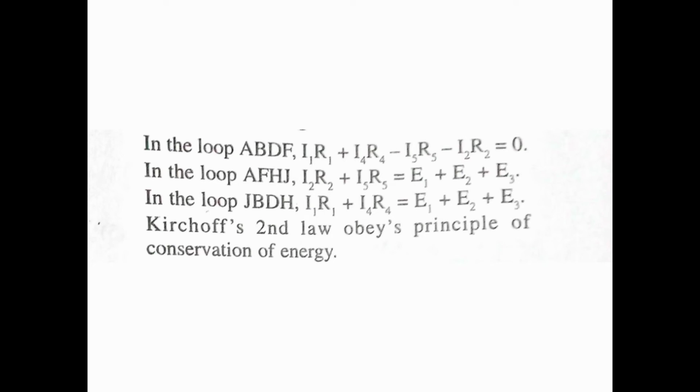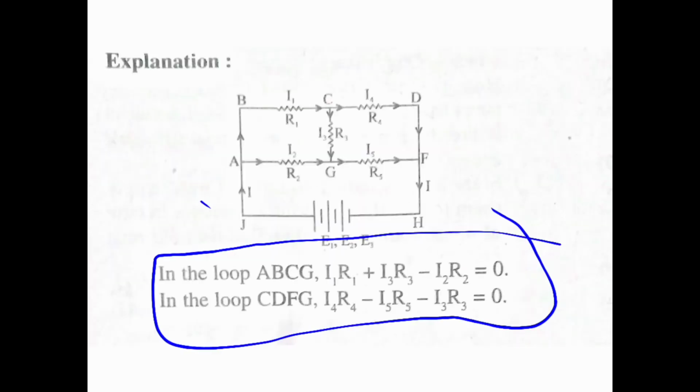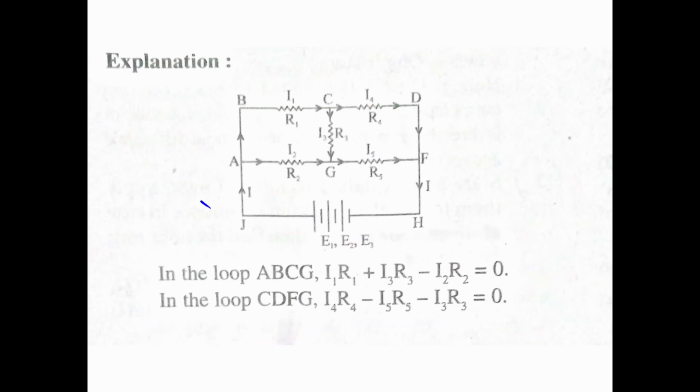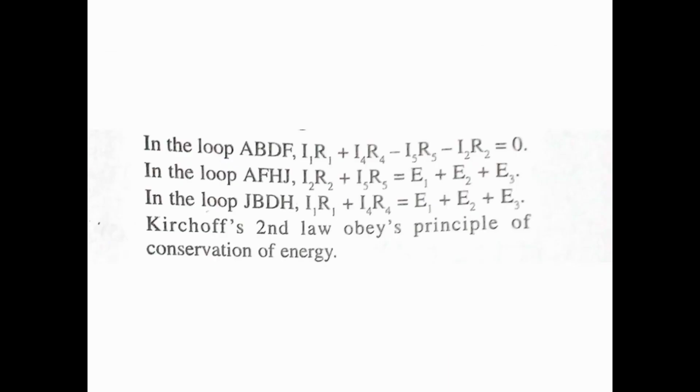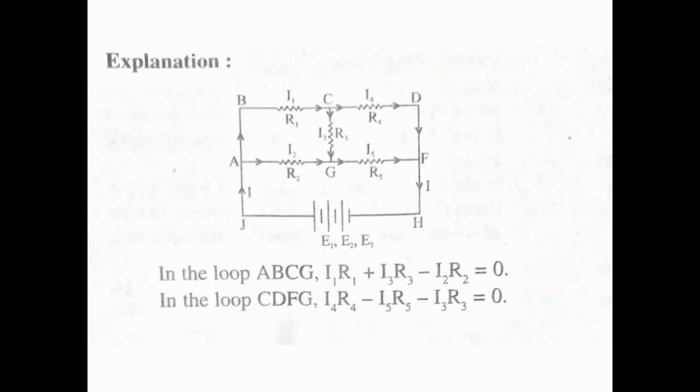Then again see in loop A B D F, A B D F total. Okay, we have to see this. What is given here?